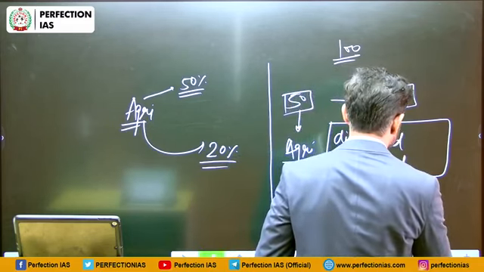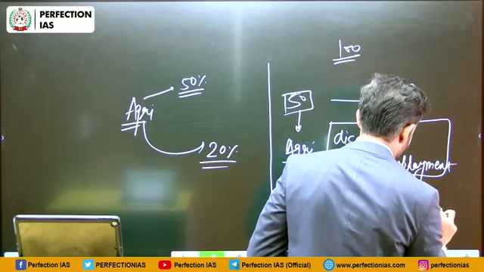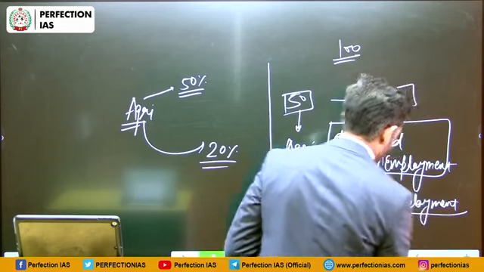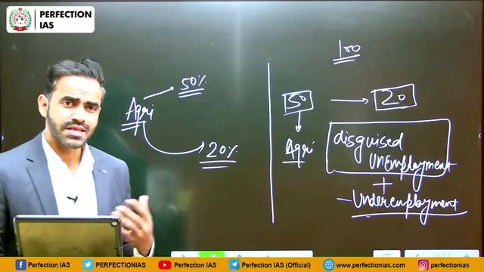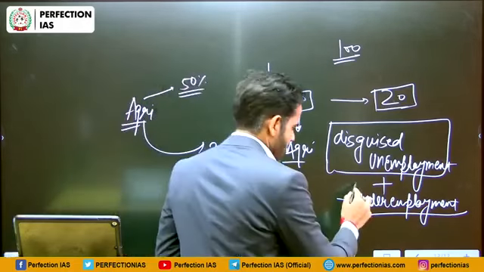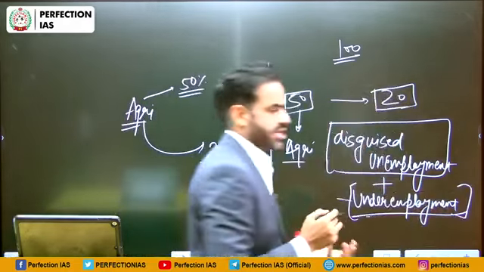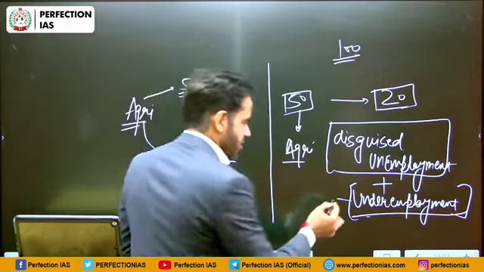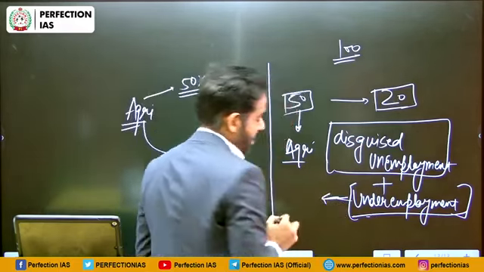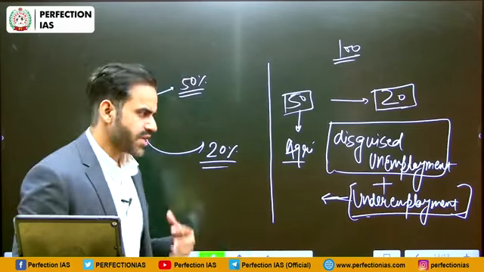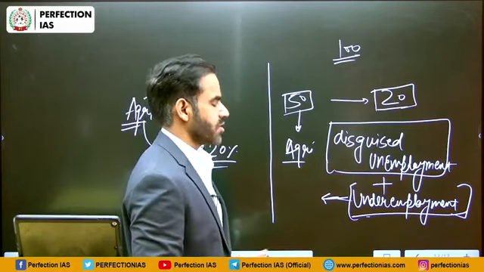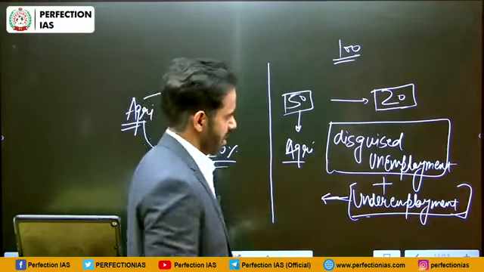Plus underemployment. Underemployment means you are working in a sector which is beyond your economic potential. That means suppose you can teach students, but rather than doing that, you are involved in some other work just for basic survival.